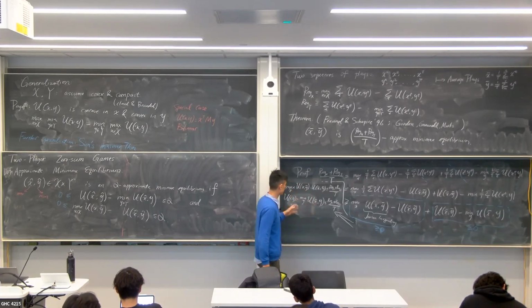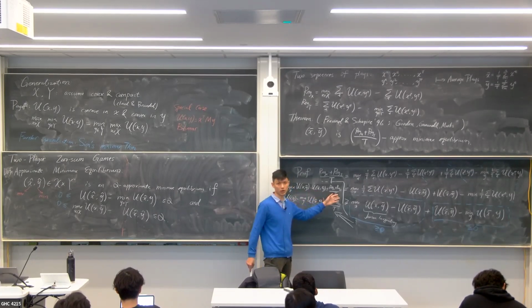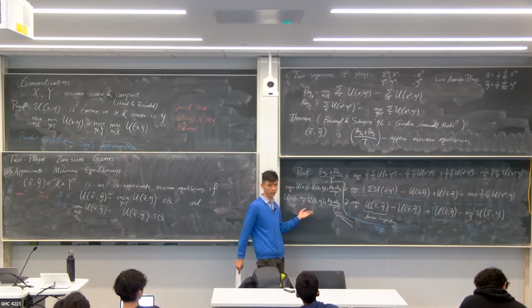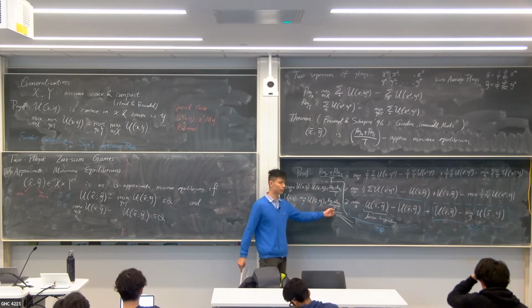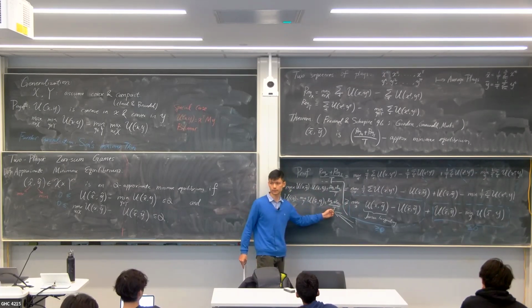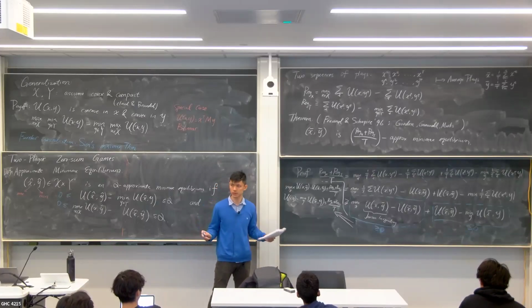I cannot, because this is the inequality that you get out of this derivation. And similarly for the y player, by switching to a different strategy, you cannot do better than the average regret. Any questions?